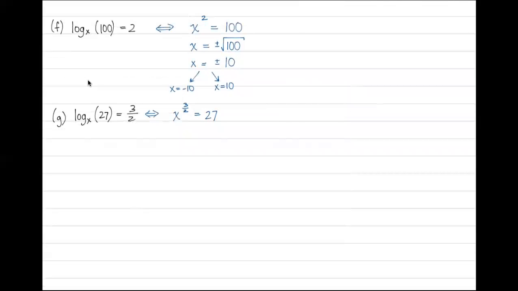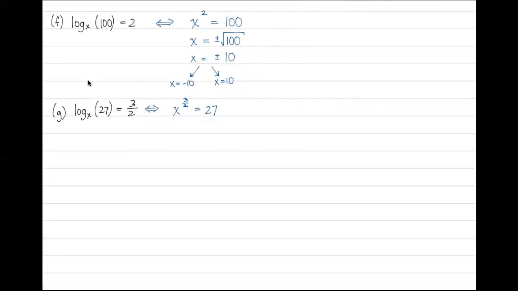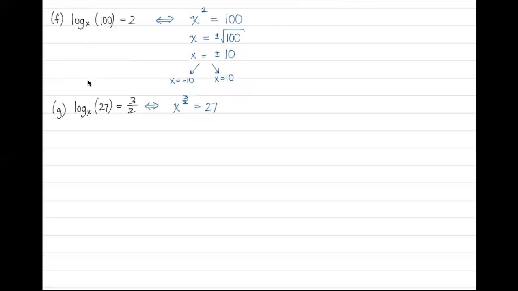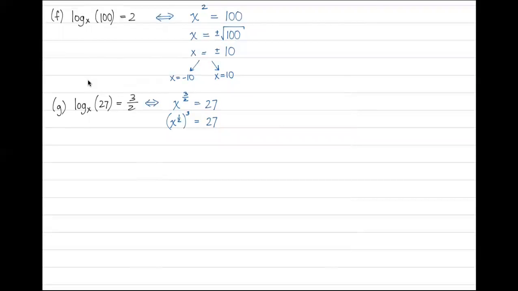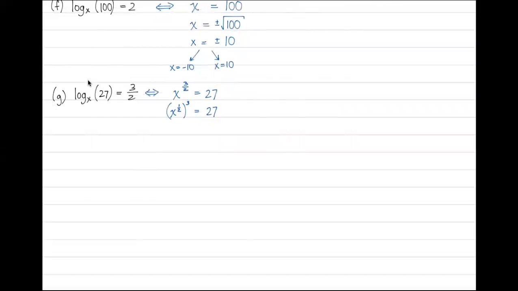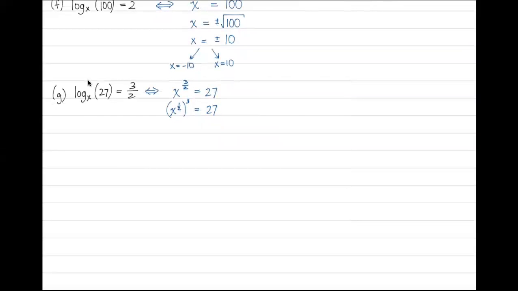In order to get rid of that power of 3 over 2, I want to split this into two pieces. So I'm going to rewrite it as x to the 1/2, to the power of 3, because then I can do this in two steps. To get rid of that cube, I can cube root both sides.